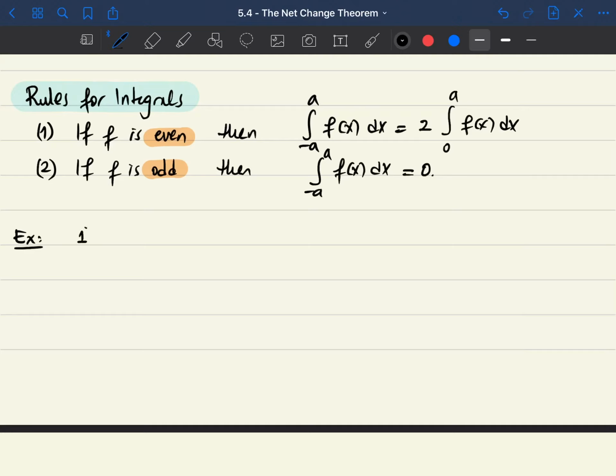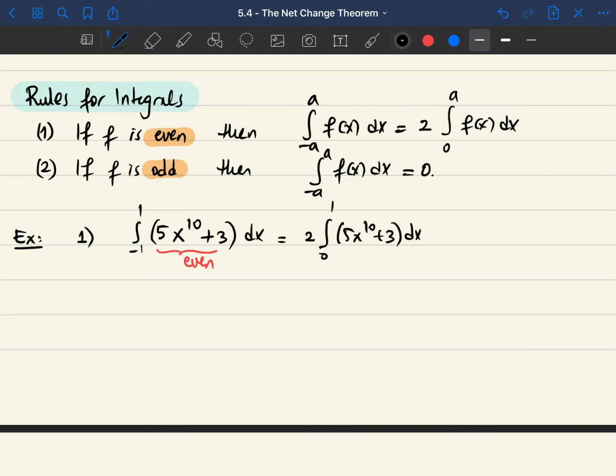So the first example is the following. Let's say I have the integral from negative 1 to 1 of 5x to the power of 10 plus 3. Now this function is even, so this integral can be written as twice the integral from 0 to 1 of 5x to the power of 10 plus 3.